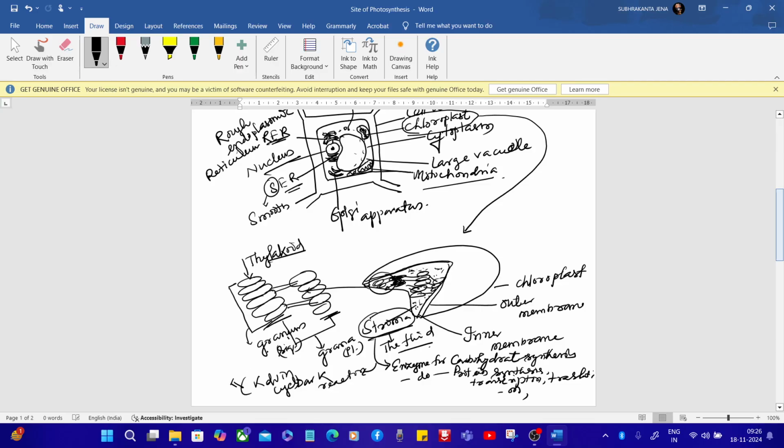And you know about that particular enzyme, Rubisco.